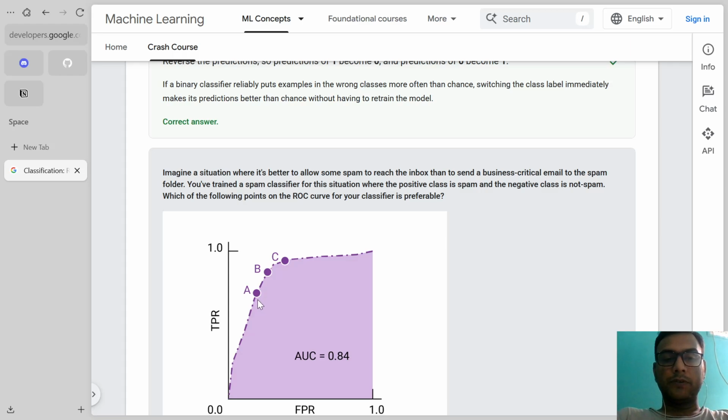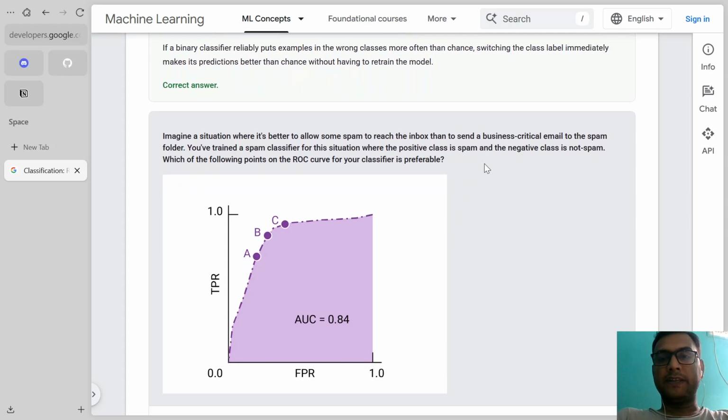If we think about this, where the positive class is spam and the negative class is not spam, the situation is that it is better to allow some spam to reach the inbox than to send a business-critical email to spam. That means the true positive rate may be less costly than the false positive rate.